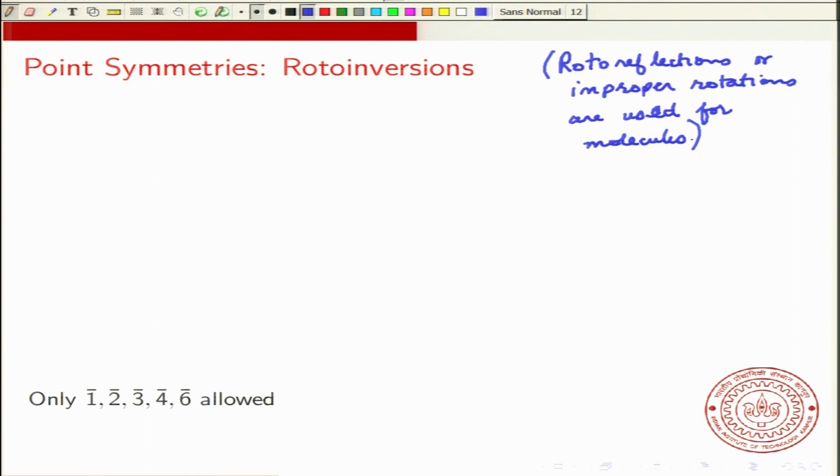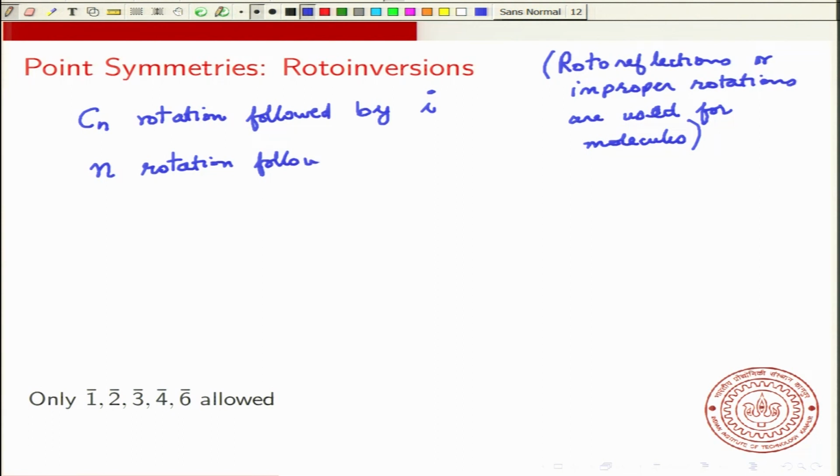A rotoinversion is essentially a Cn rotation followed by inversion. Or if you are using the crystallographic notation, you will say an n rotation followed by 1 bar. 1 bar is the inversion operation.